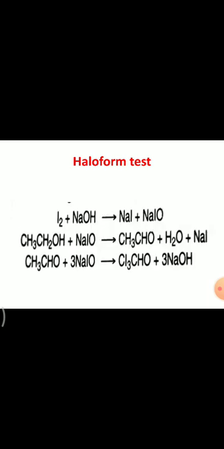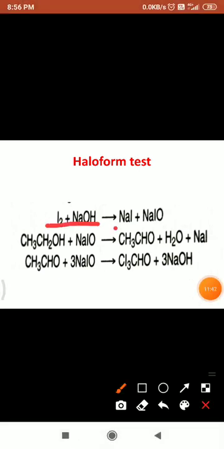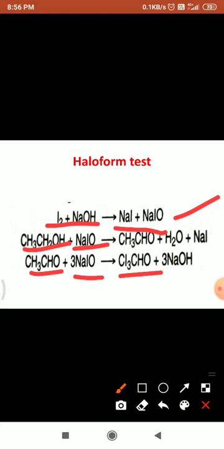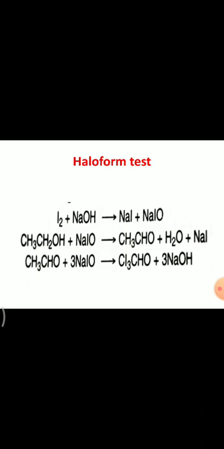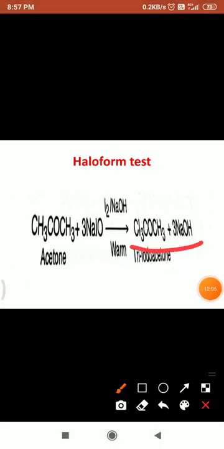See here, this is the mechanism. First of all, iodine with NaOH forms these compounds, and the formed NaIO reacts with acetaldehyde. It forms Cl3CHO, sorry, CI3CHO, and with NaOH, the CI3COCH3 formed here gives CHI3.